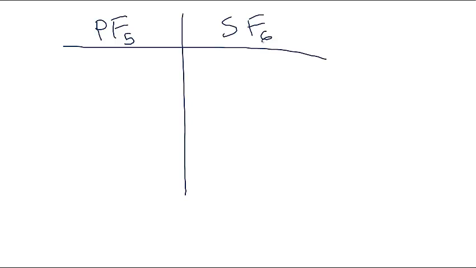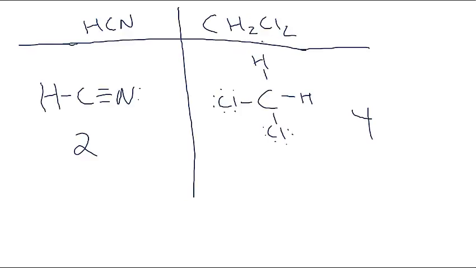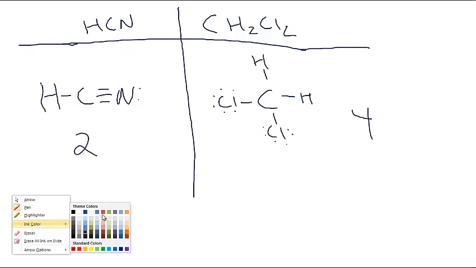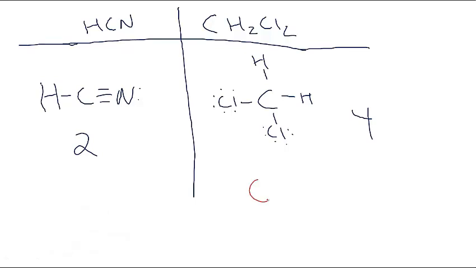All right. Instead of letting you guys sit and struggle with this forever, I do want to go back one slide. If we look at CH2Cl2, its 3D shape, if we take into account VSEPR theory, would be this, just like methane before it.